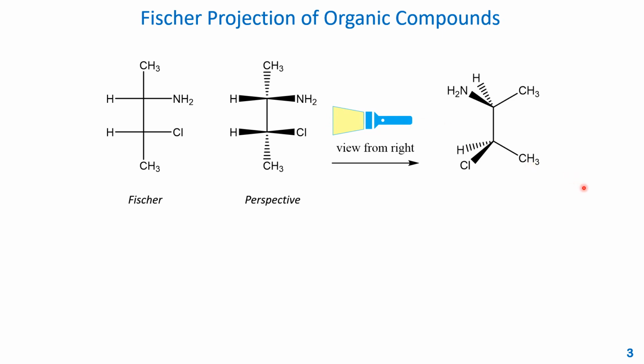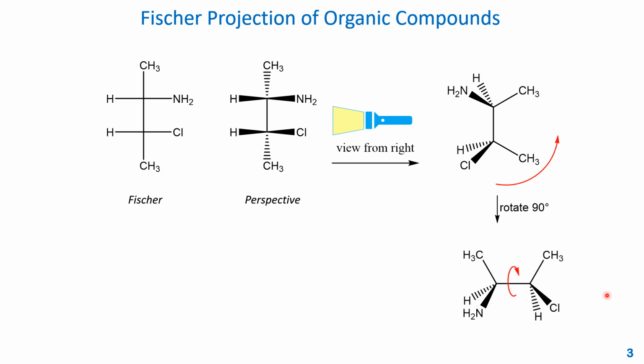And then you can rotate this 90 degrees. Basically, you will have this perspective. Normally, you want to draw the carbon chain as zigzag, so that will be more stable. So you can rotate this single bond 180 degrees.